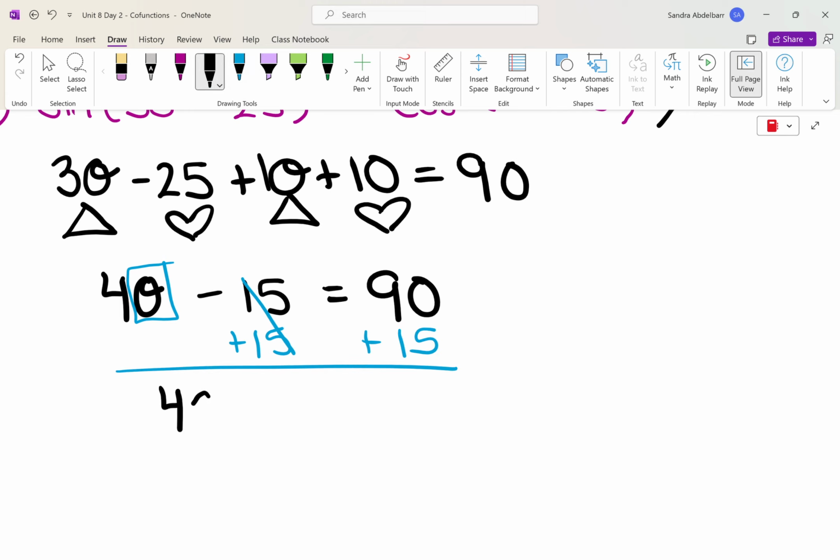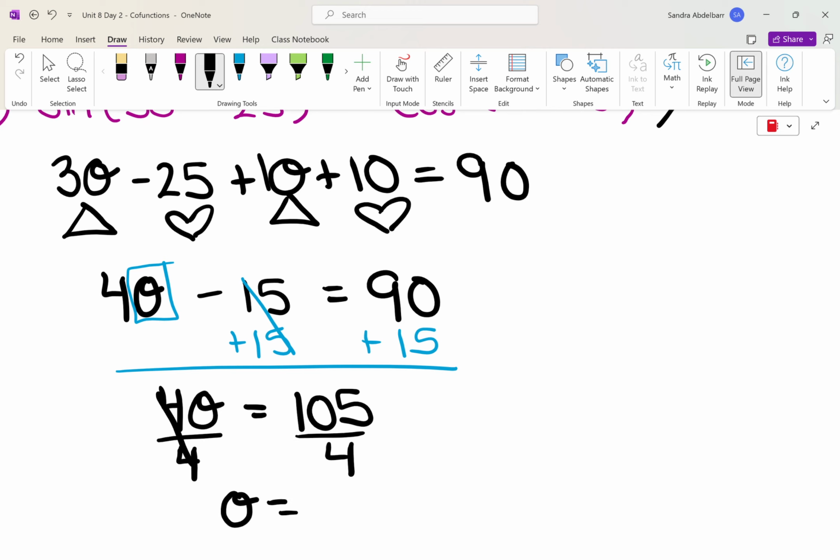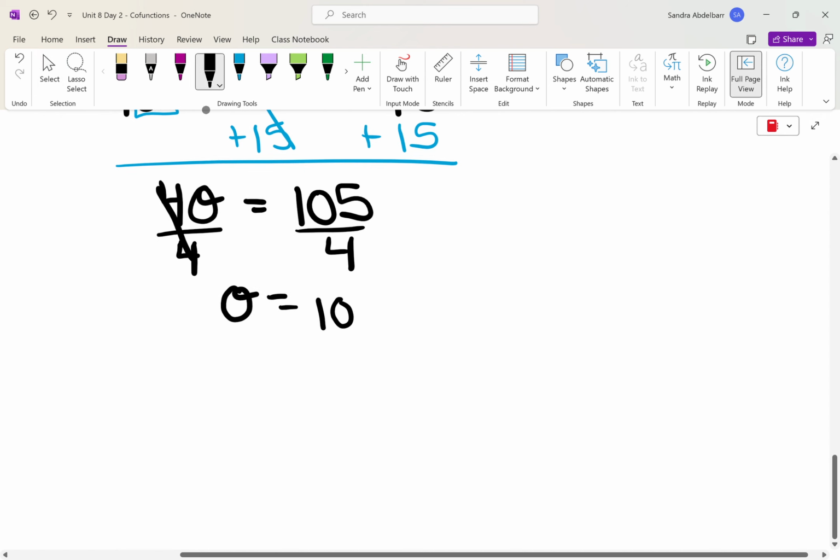And we will have 4 theta is equal to 105. And then divide by 4. And we will have theta equals, it doesn't go in, so we'll just leave it 105 over 4 degrees.